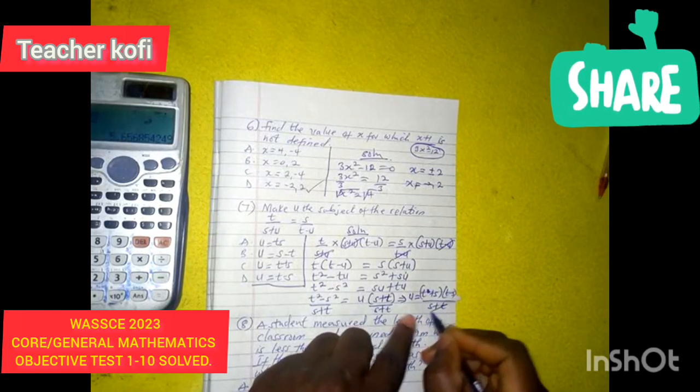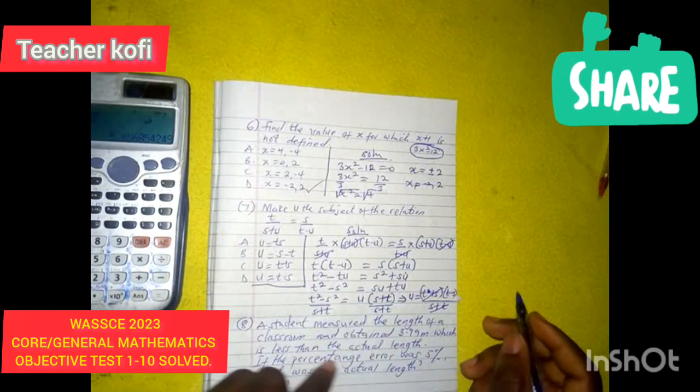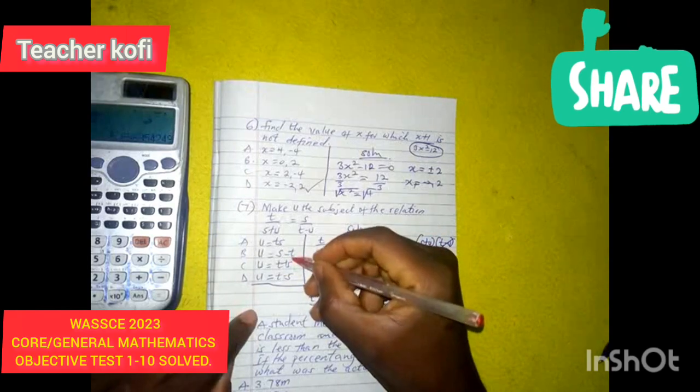So s plus t will cancel each other, leaving u to be t minus s. So the correct answer for this is B.